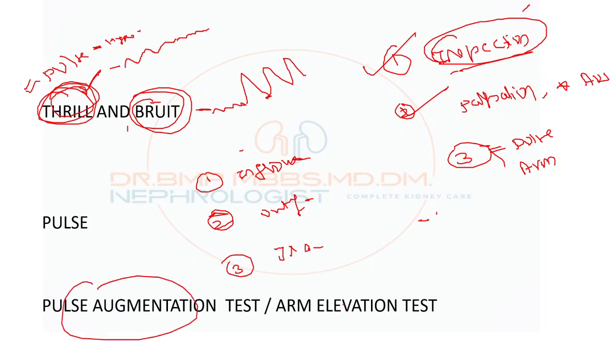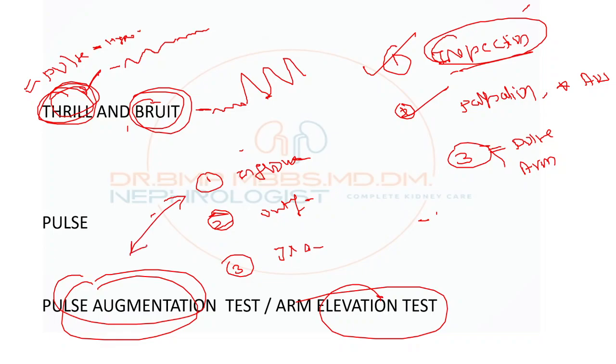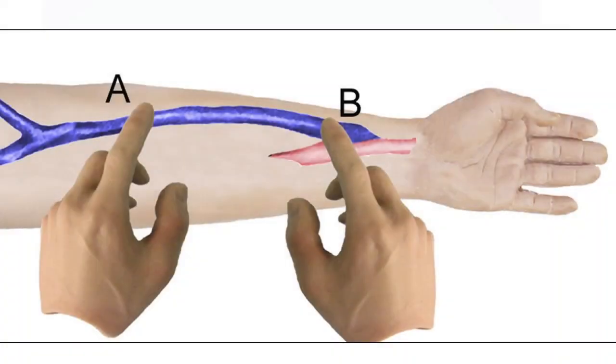What are the two special tests? One is the pulse augmentation test, another is the arm elevation test. The pulse augmentation test is to detect an inflow problem. How to detect it? Here I will explain. See, here is the artery. Blood is coming to the vein and going towards the heart. So when you occlude at point A, the blood will be stacking over here, so the pulse becomes hyperpulsatile at point B. That is basically the pulse getting augmented.